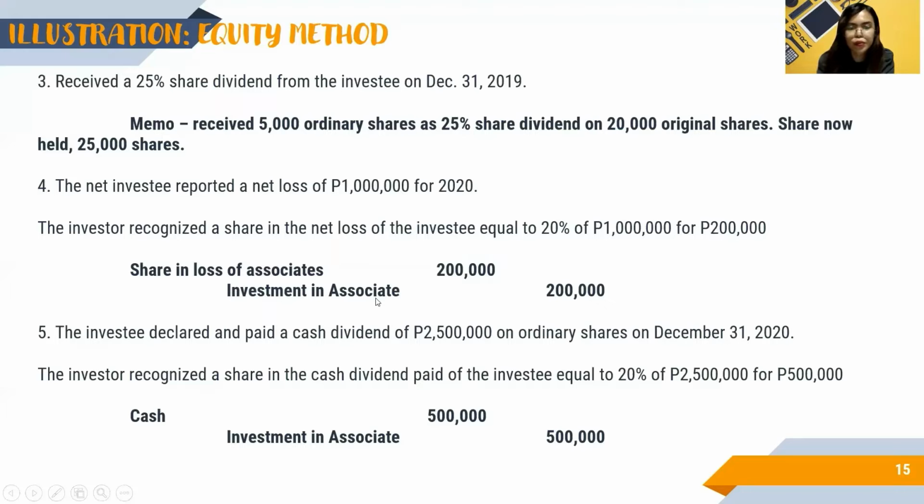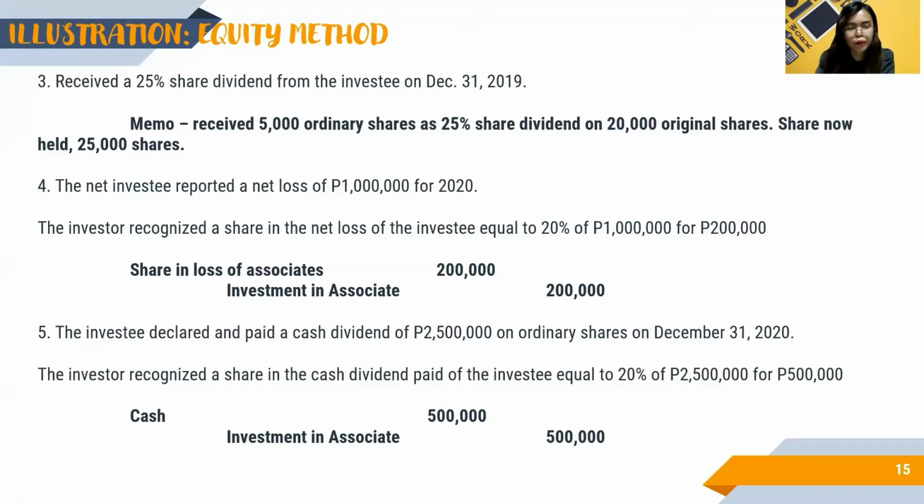Naka-credit yung investment in associate kasi nga mababawasan or magdi-decrease yung investment in associate ni investor since kung ano nga yung mangyayari or gagalaw sa equity ni investee, yun din yung mangyayari or effect sa investment in associate ni investor.